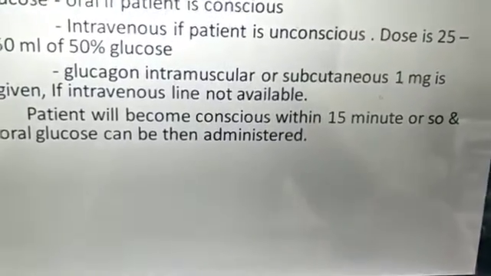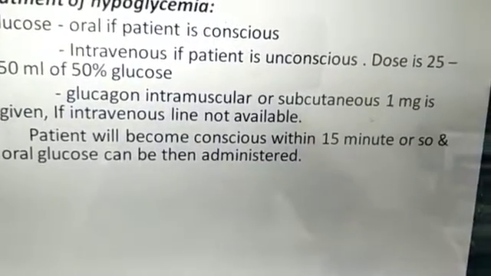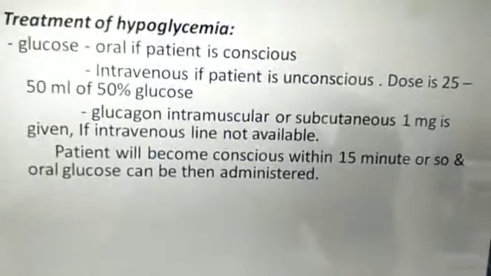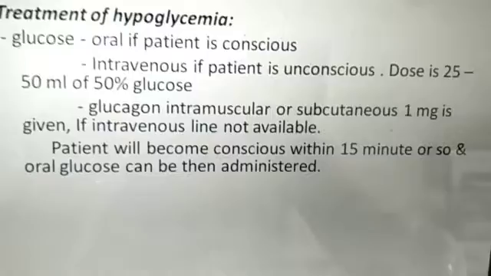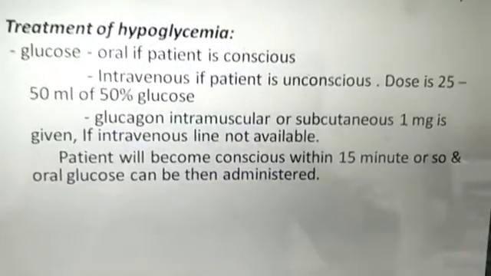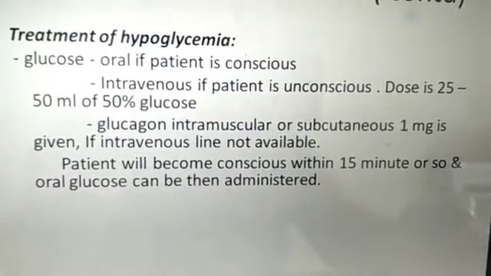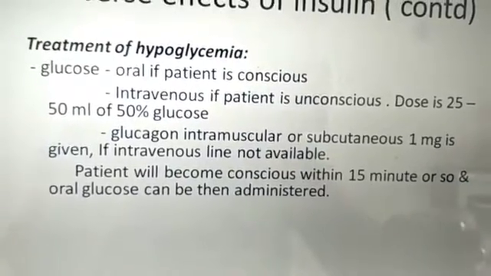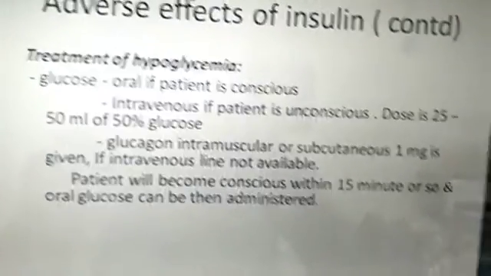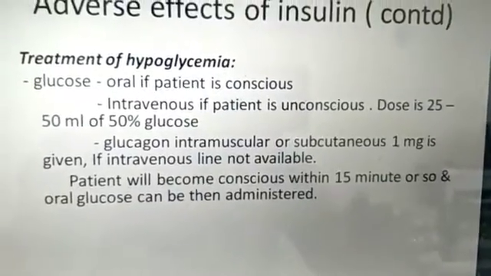Then you can give oral glucose. Very important from clinical point of view, how to judge that a diabetic patient has gone into hypoglycemia, and how to judge from the symptoms, anxiety, tremors, palpitations, and how to manage.